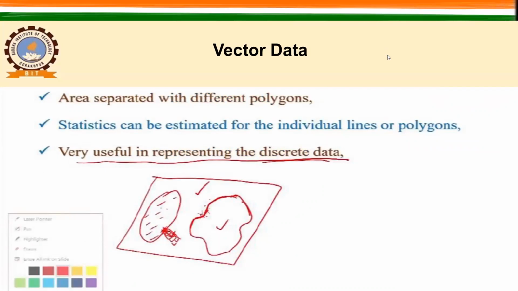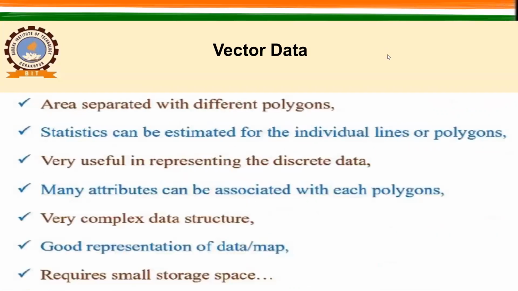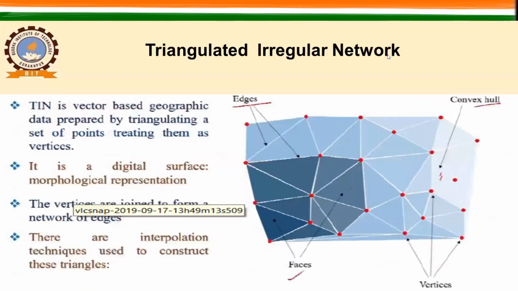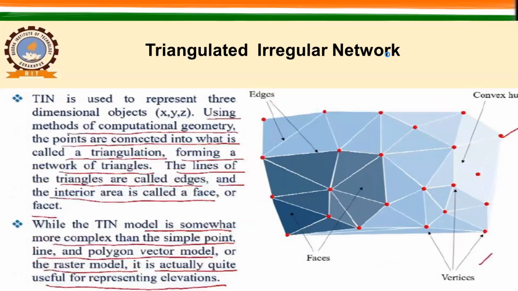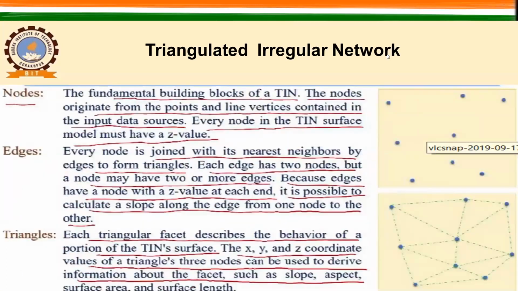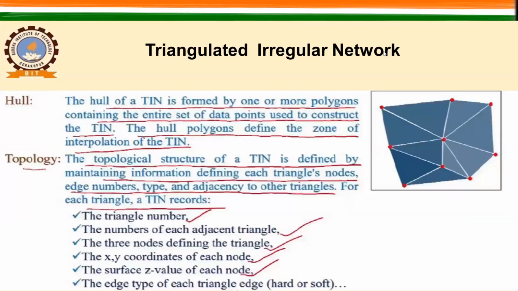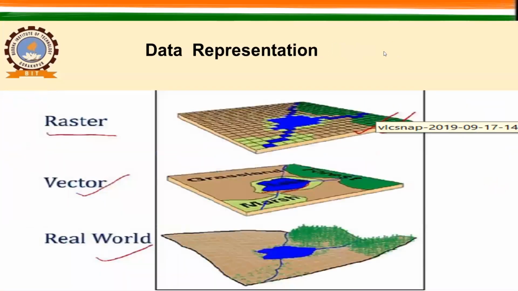Then area is separated with different polygons in the vector data, right? Then we have also seen some other data, that is triangulated irregular network, which is commonly known as TIN. It is a vector based geographic data. Then you have various technical terms related to triangulated irregular network, that is nodes, edges and triangles, hull and topology.